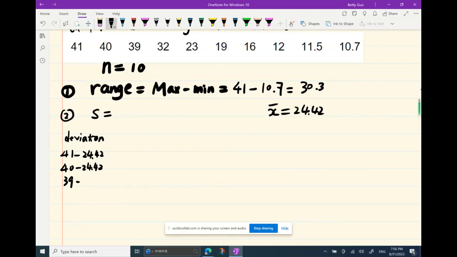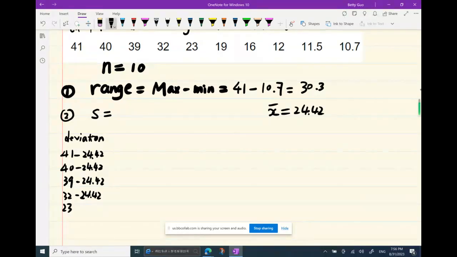StatCrunch even faster, but same as the first section of this chapter, we do not recommend you use those software because you will not have software to use when you take the test. So when you practice, I'd like you to use your calculator only. And then 32. Only when you manually calculate it do you know the process and the concept of the standard deviation.